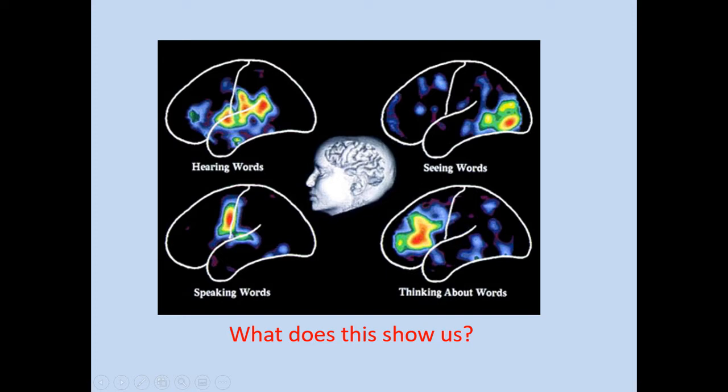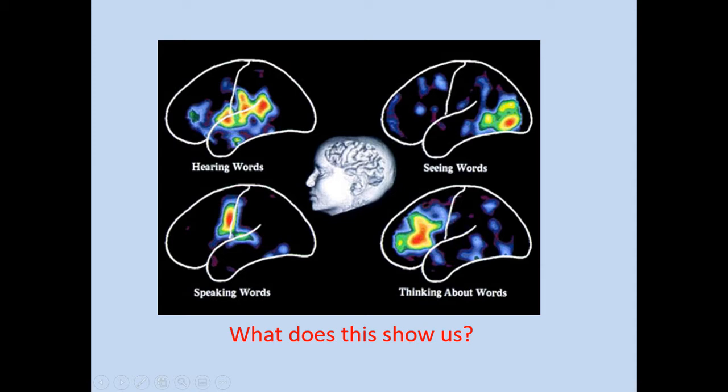Okay, so it's 4 different MRIs, and they are basically showing us where different levels of activity are when different things are happening in the brain. So when we're seeing words, we have the activity at the back in the occipital lobe.